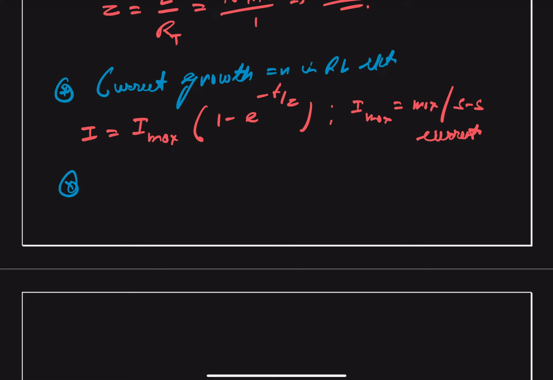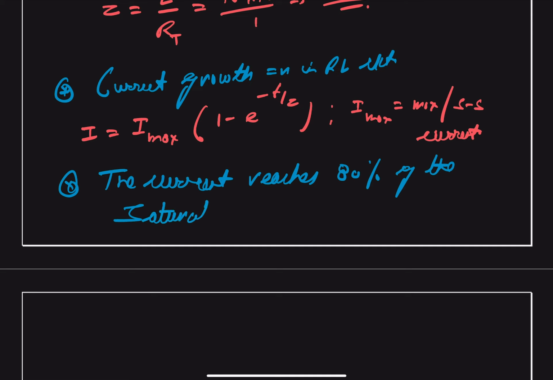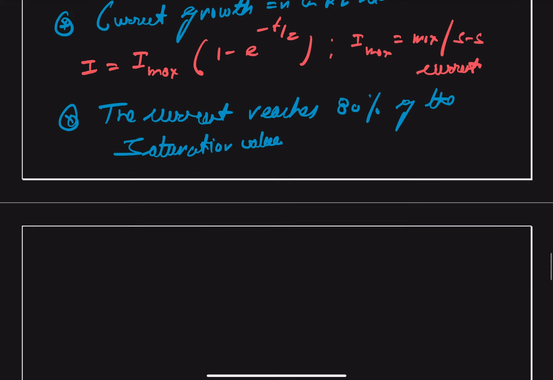So we say the current reaches 80% of the saturation value, therefore I will be equal to 0.8 of the maximum value of the current.